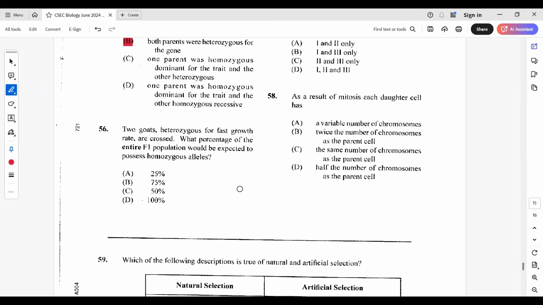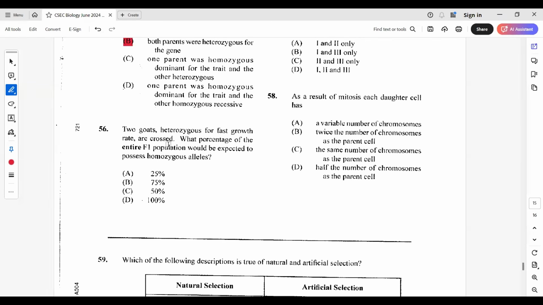56. Two goats heterozygous for fast growth rate are crossed. What percent of the entire F1 population would be expected to possess homozygous alleles? If they are heterozygous, it means each has a dominant and a recessive gene.